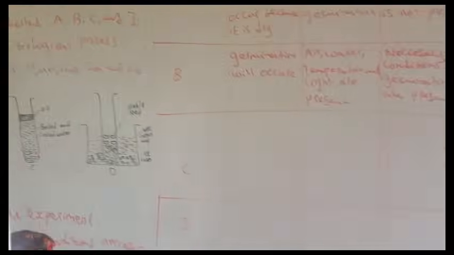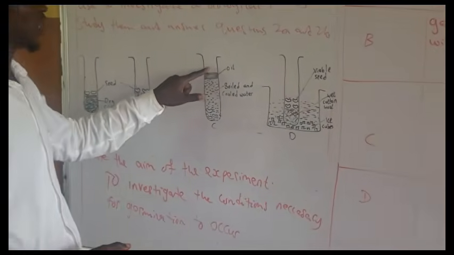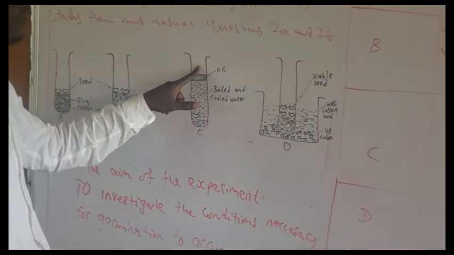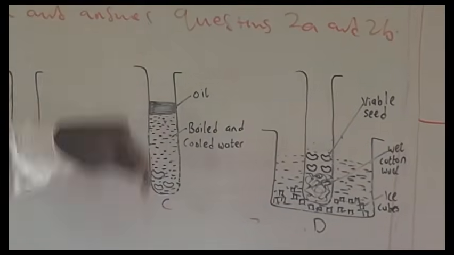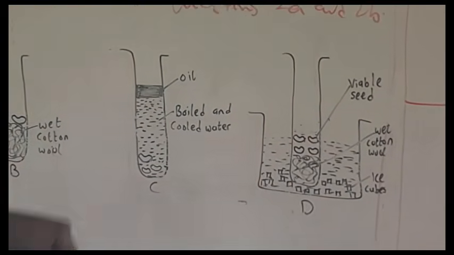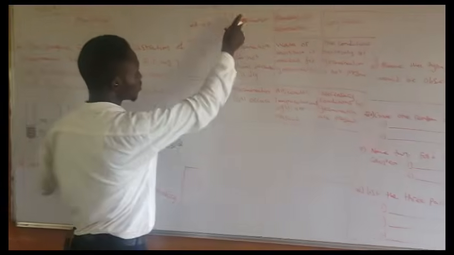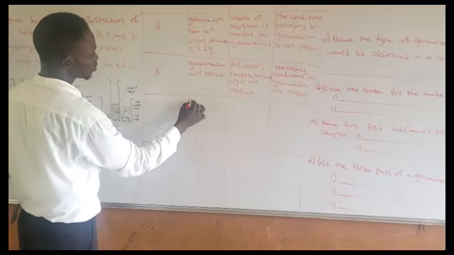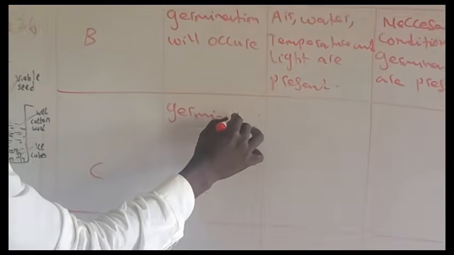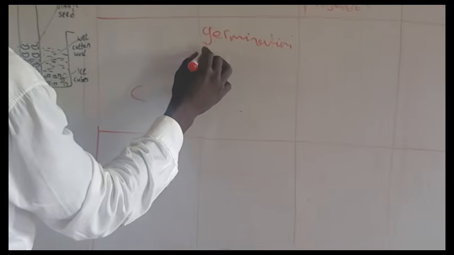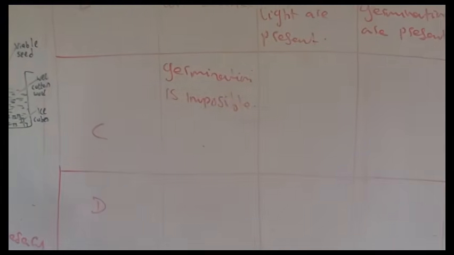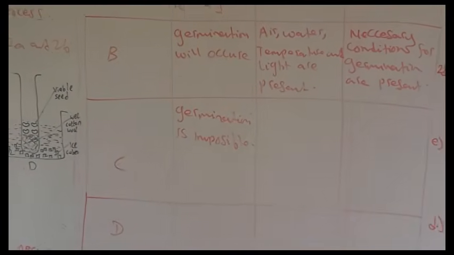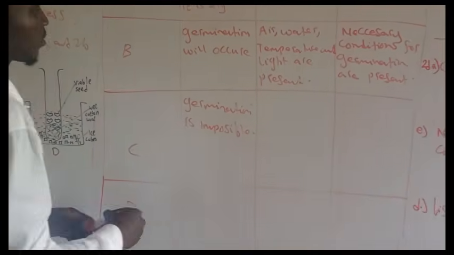The next, C. We have oil at the surface, which I said earlier has obstructed the passage of air. What do we discover? Our observation is germination is impossible. Now, why?